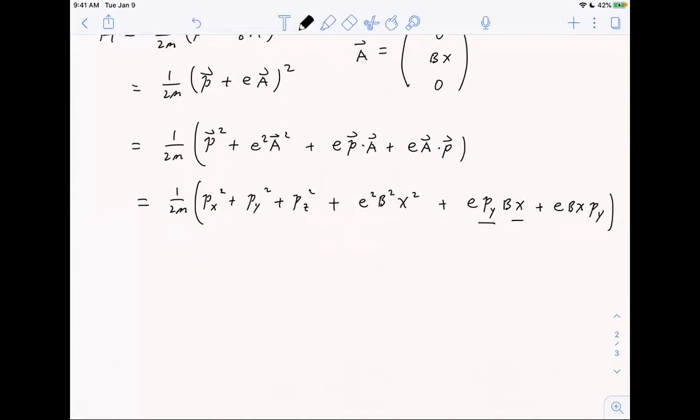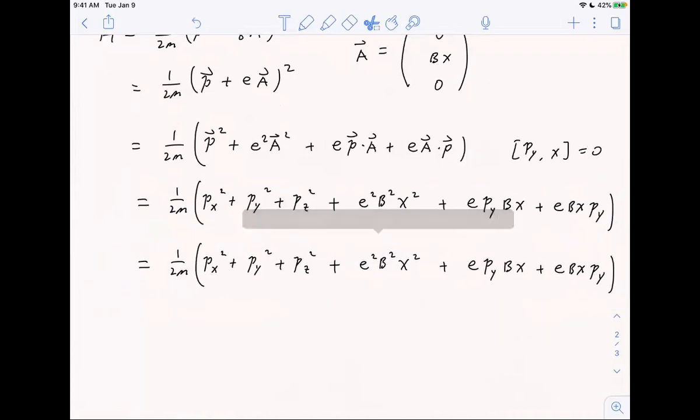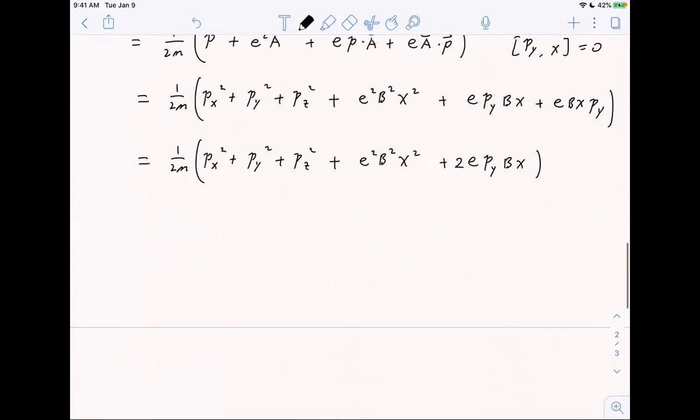So py and x commute with each other, so these two you can add a factor of 2 here.